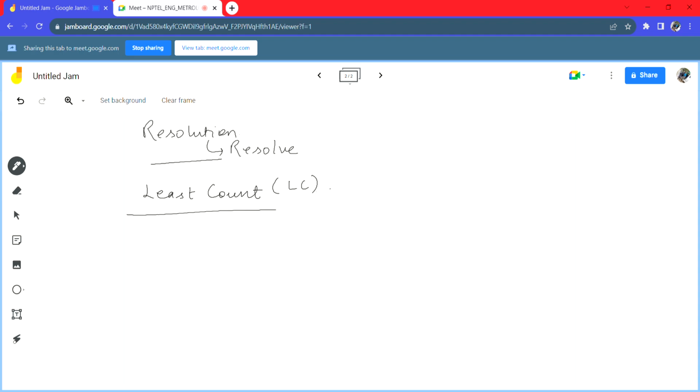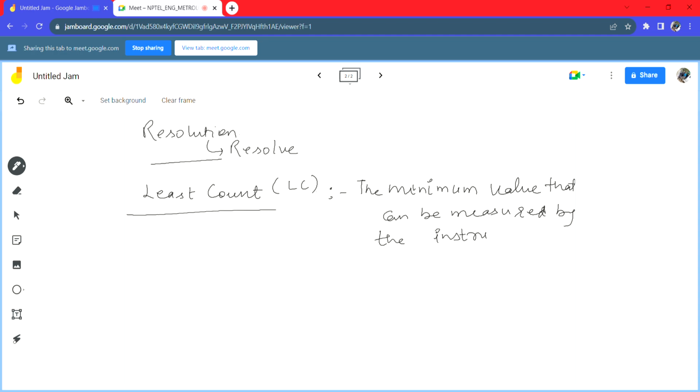So, for least count, it is the minimum value that can be measured by the instrument.